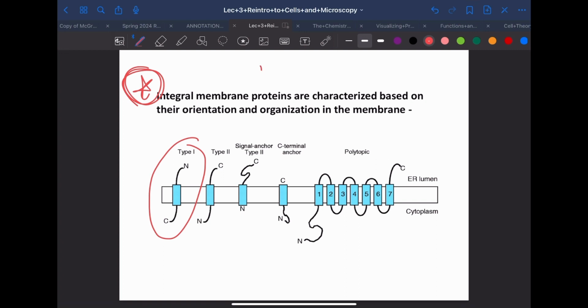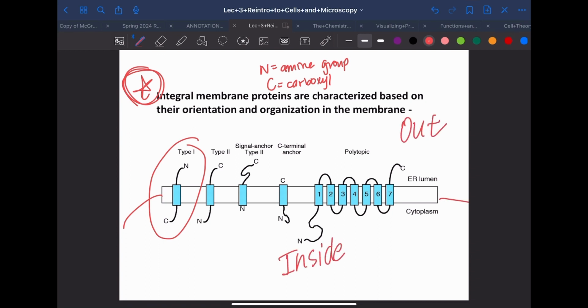So N is your amine group, and then your C is your carboxyl group. So depending on where it's sticking out, right? Here's the cytoplasm, which means this is inside the cell, and this is outside the cell. So depending on where that's sticking out and the length of it, you need to be able to tell me which one is which. So if you have any questions about that, let me know.